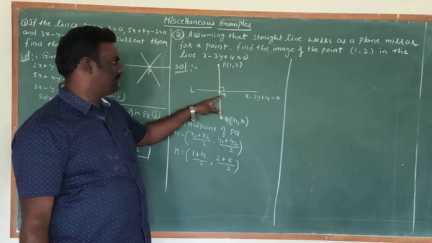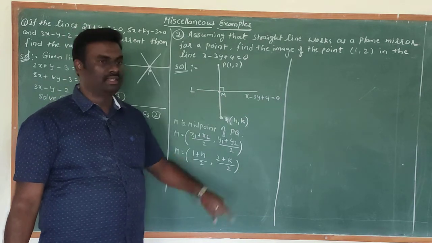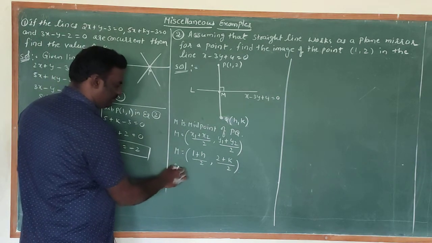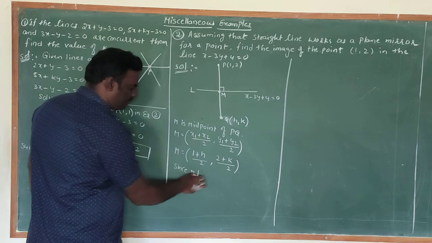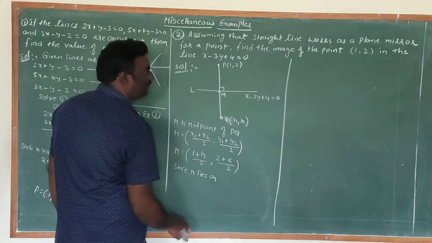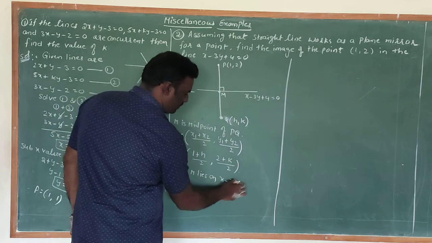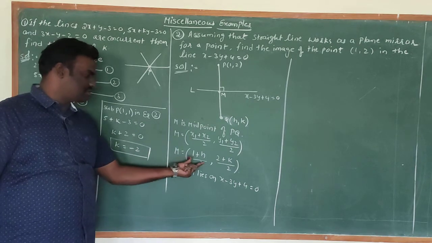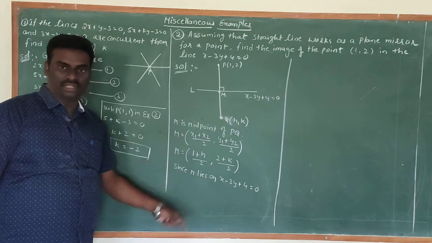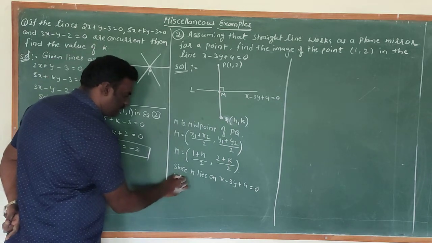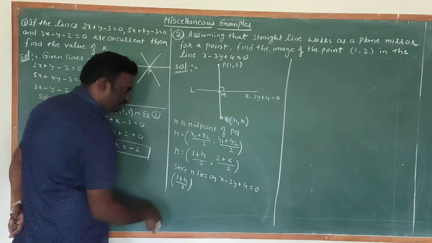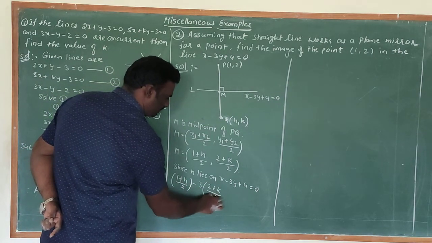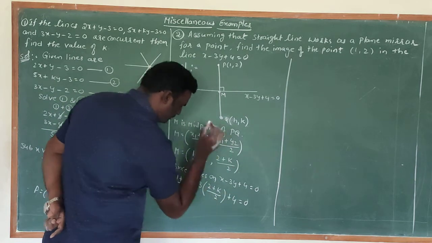Next, I am finding which line this M lies on. Since M lies on x minus 3y plus 4 equals to 0, substitute. In place of x we are substituting this, in place of y we are substituting this. That is nothing but 1 plus h by 2 minus 3 into 2 plus k by 2 plus 4 equals to 0.